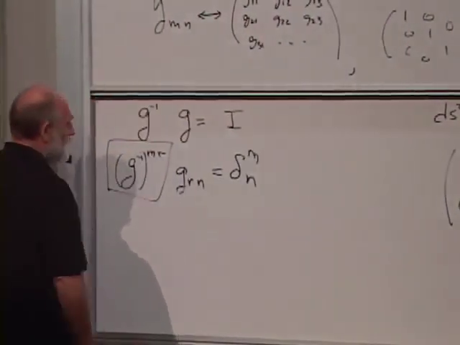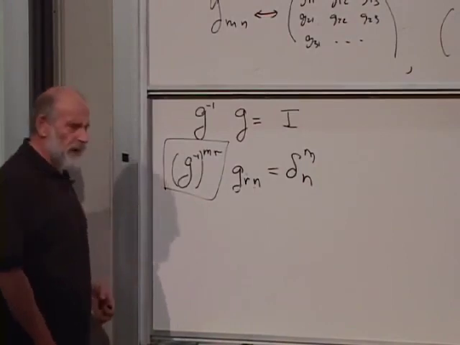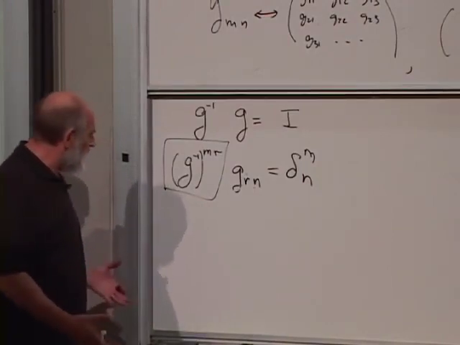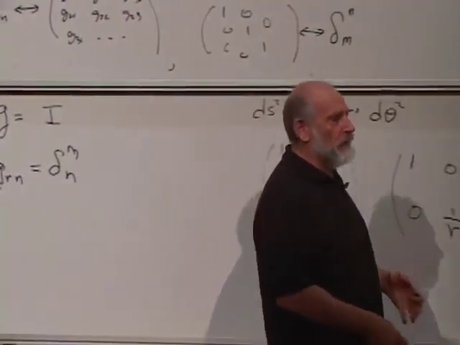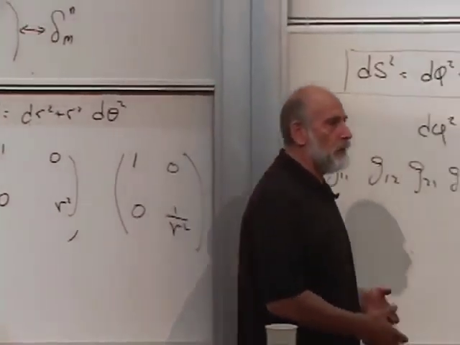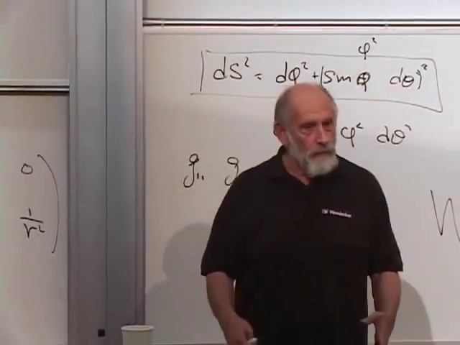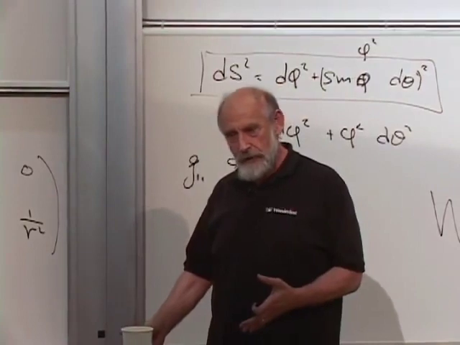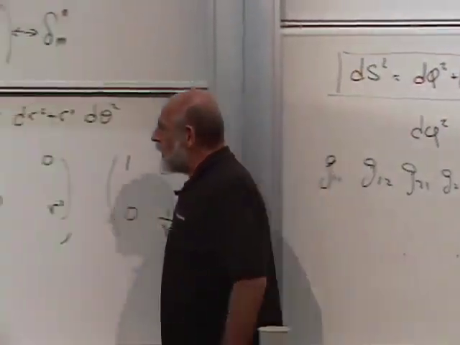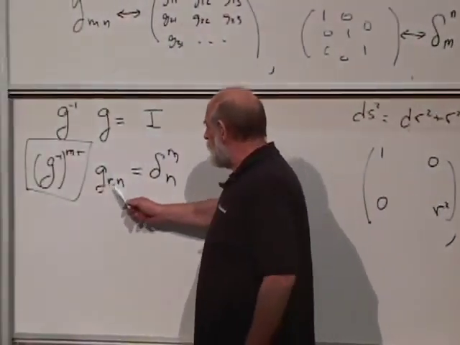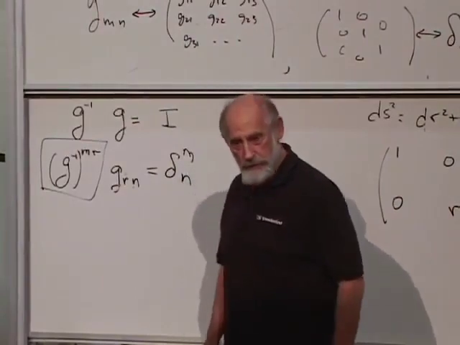This inverse of the metric, I don't think it has a special name of its own. It's just called the metric with contravariant components. It's called the collection of contravariant components of the metric. If you know one of them, you know the other. If you know a matrix, you know its inverse. The inverse of the inverse is the original matrix. So knowledge of G with lower indices is equivalent to knowledge of G with upper indices.